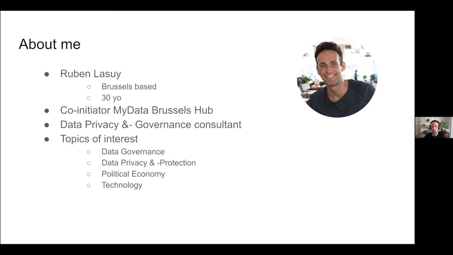Over the course of the years, I started to realize that privacy and the legal aspects of data privacy were only a part of the puzzle. So I gained interest in political economy, and also in what exactly the technologies were that could help us with scaling this issue. And so I naturally ended up diving deeply into Web3.